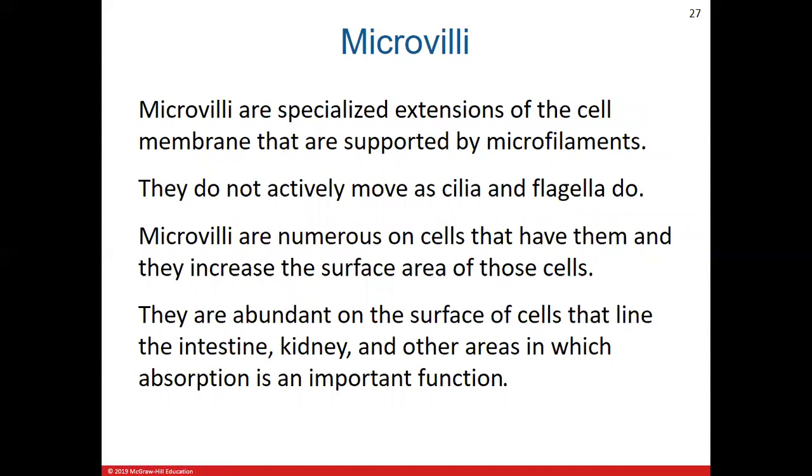Now, one other area where you would find some microfilaments or cytoskeleton is what's called microvilli. On the cell membrane, many times you find these extensions coming out of the cell membrane. They're not really there for movement like cilia and flagella, but many times they help to increase the surface area of a cell.